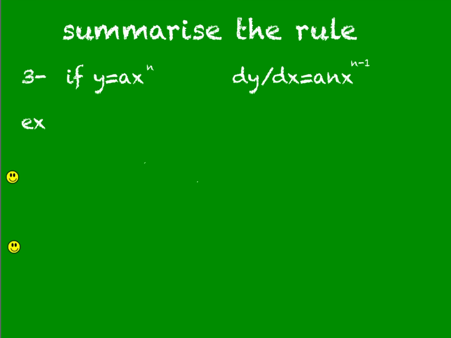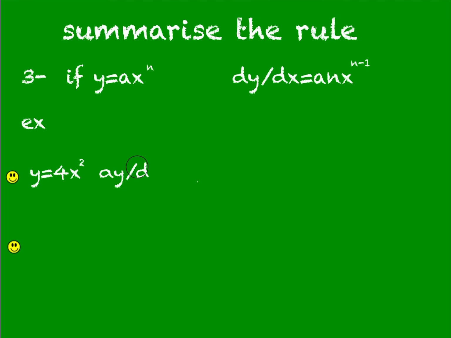Now, the third example. So, it is more complex. y equals a times x to the power of n, where n is different than 1. Okay? Now, I will use this method. What is our example? For example, y equals 4 times x squared, x to the power of 2.